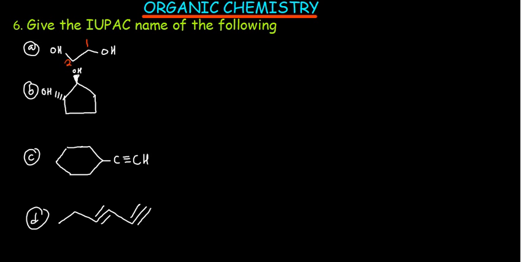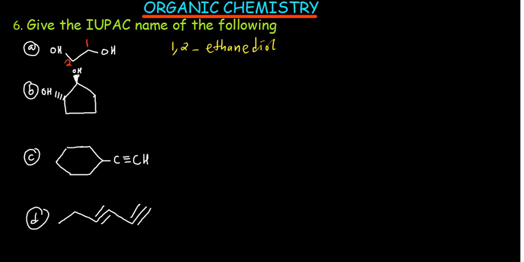So this is going to be 1, 2, and then the name of this compound, only 2 carbons, that is going to be called ethane. But because it's an alcohol, it will be called ethane-diol. Notice that there is an E here because we have got more than one alcohol functional group.